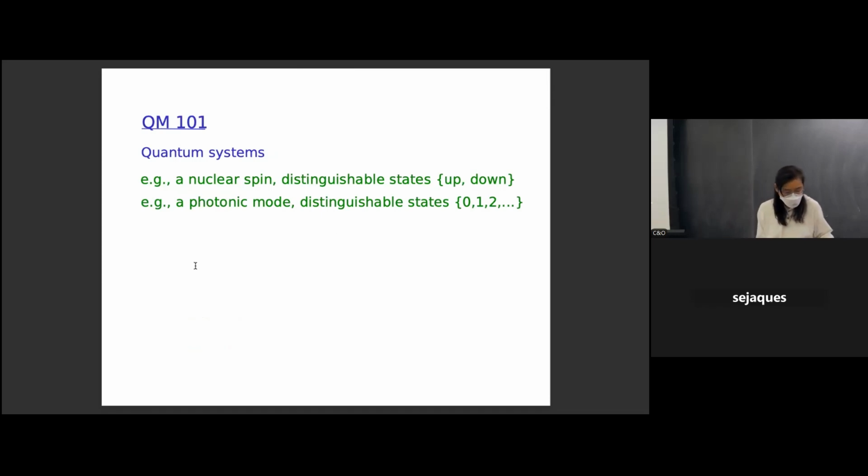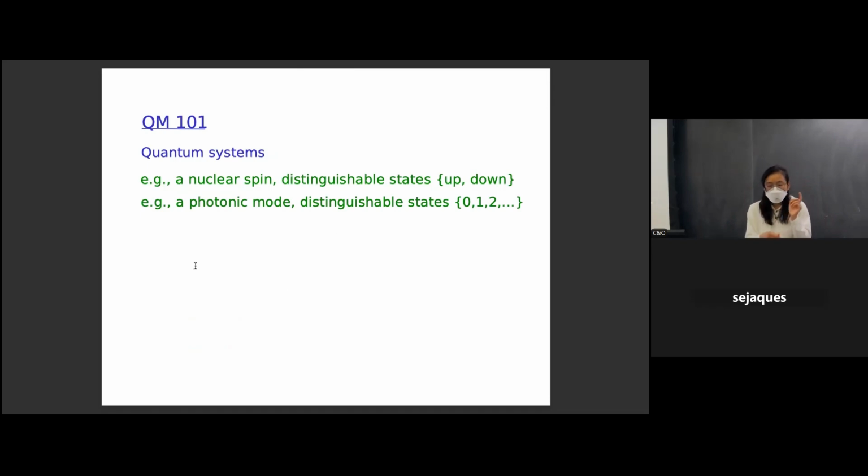Just like your hard disk or your USB drive, there are quantum systems that you can consider as a medium or a storage space that you can use to hold quantum data. And for example, when I was a PhD student, I worked on nuclear spin resonance implementation for quantum computation. In that case, the spin has two states that can be distinguished from one another unambiguously.